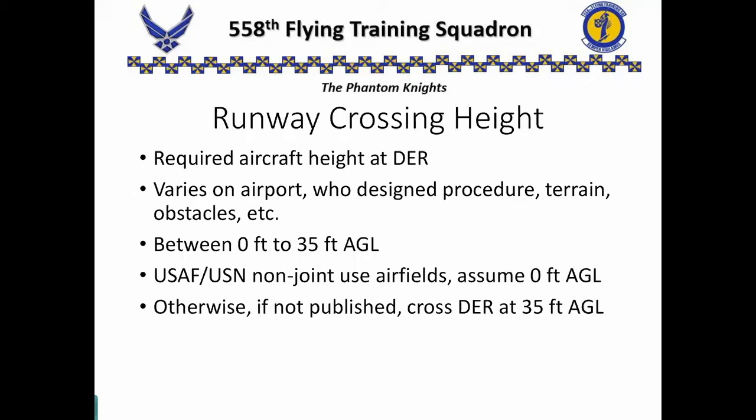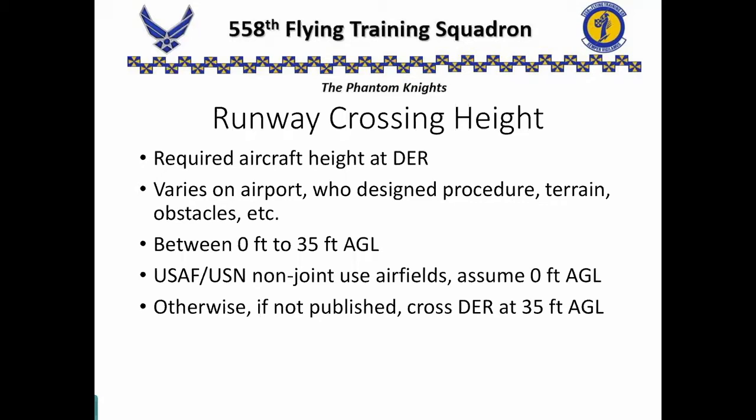11-217 says that at Air Force and Navy non-joint use airfields, we're going to assume it's 0 feet AGL. So the 200 foot per nautical mile clearance plane that the TERPS specialist is using at a non-joint use Air Force or Navy field begins from the surface at the departure end of the runway.